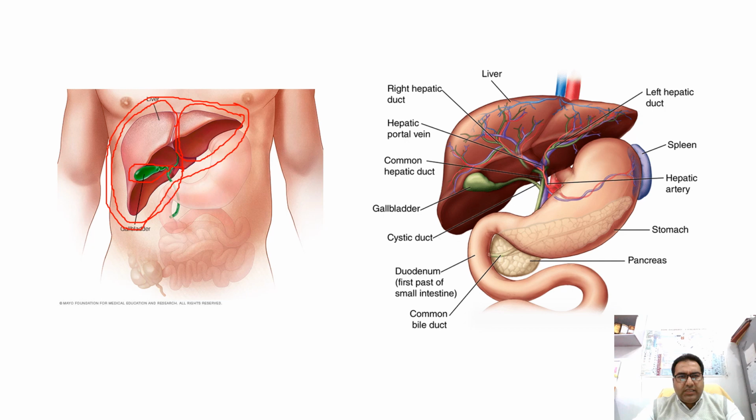Now, these two lobes produce two ducts, the right hepatic duct and the left hepatic duct, which join to form the common hepatic duct. This is the right hepatic duct here, and this is the left hepatic duct, and they join to form the common hepatic duct.